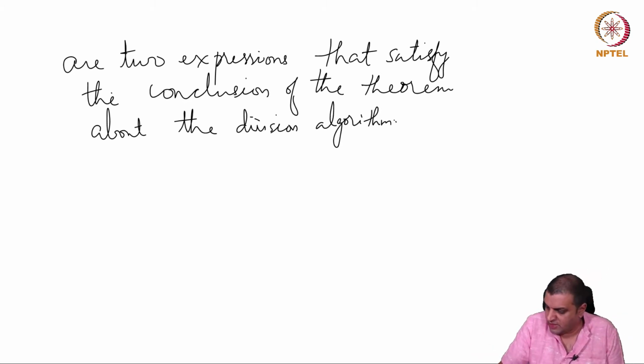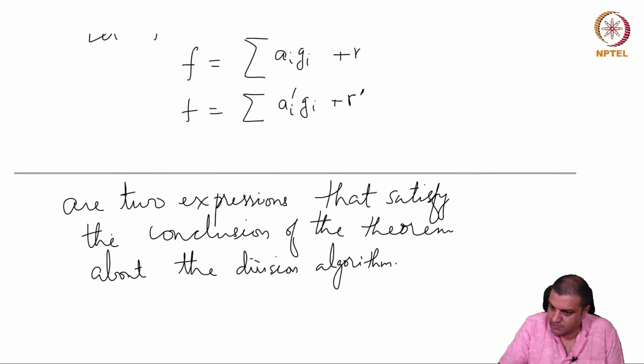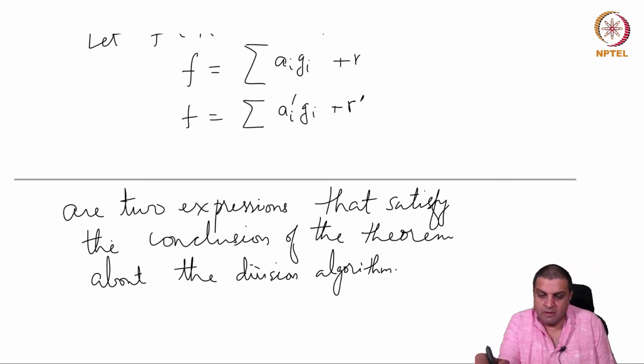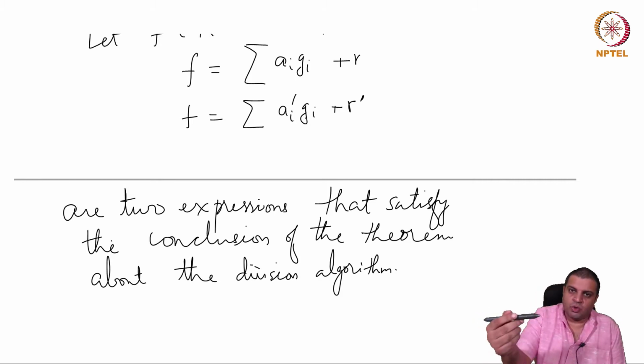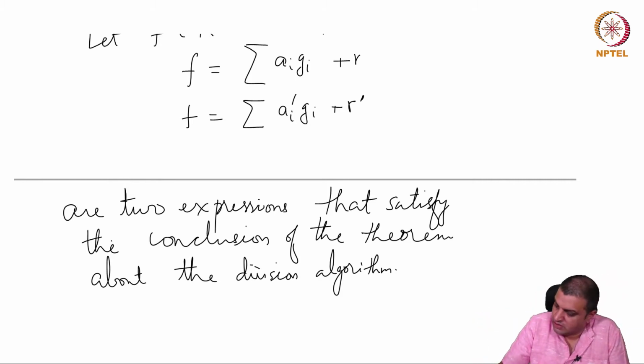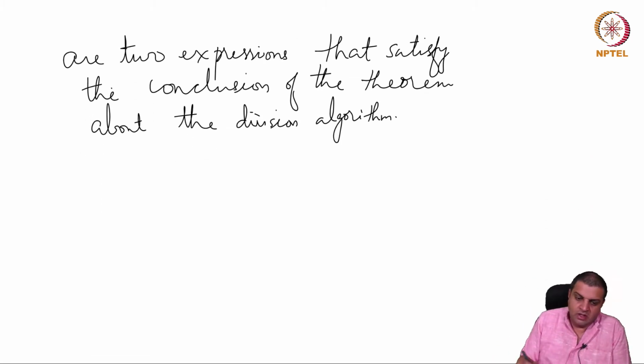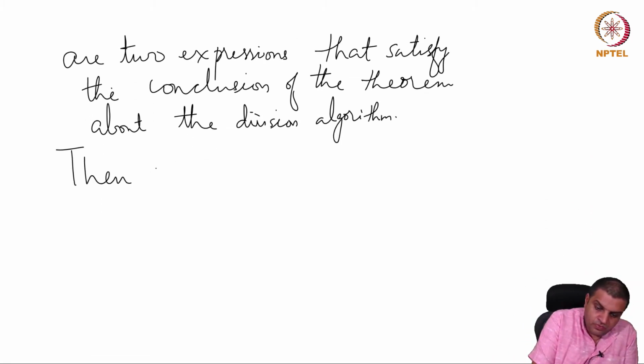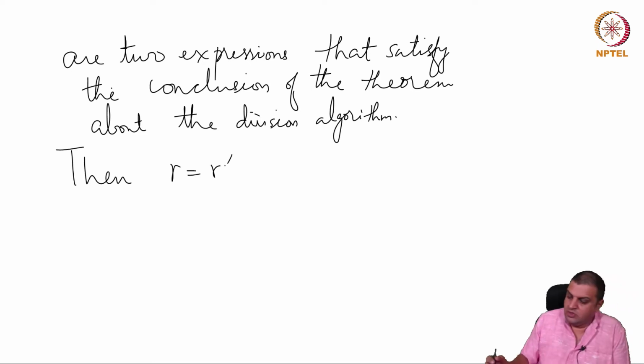So here it means that R is 0 or no term of R is divisible by in(Gi) for any i. Similarly, R prime is 0 or no term of R prime is divisible by in(Gi) for any i. So this is what the conclusion of the theorem was, that there is such an R. Okay. Then R equals R prime.